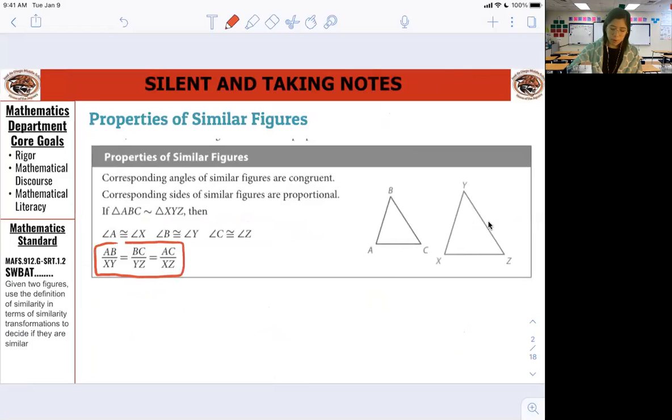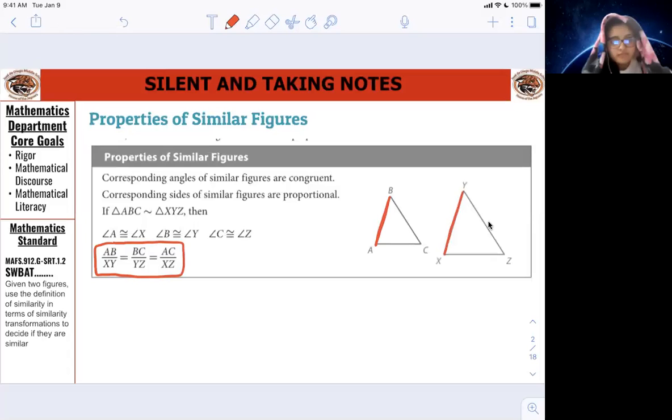a proportionality statement that shows that all the corresponding sides. So what's the corresponding side for BA or AB? YX. So you always got to match up corresponding sides, right?